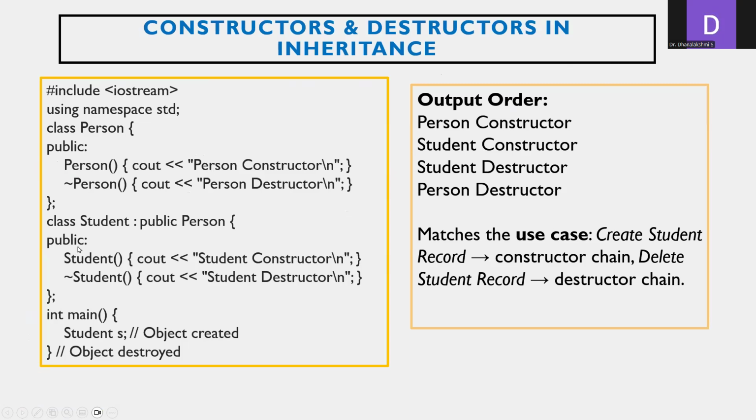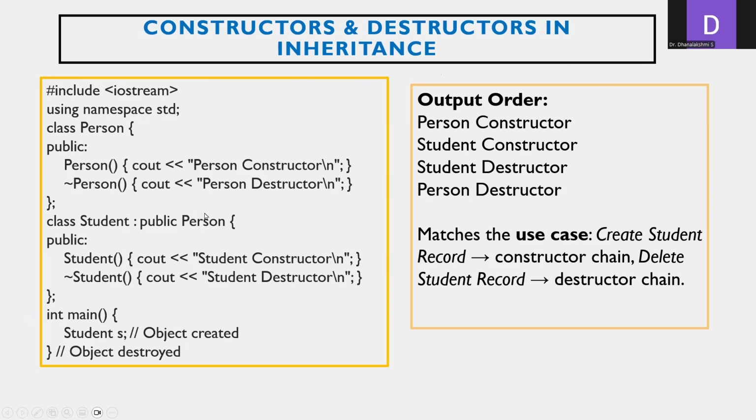Next, coming to the derived class. The derived class is student, because as I told you, you have your public person here. This is our derived class, that's student. It publicly inherits from the person class.